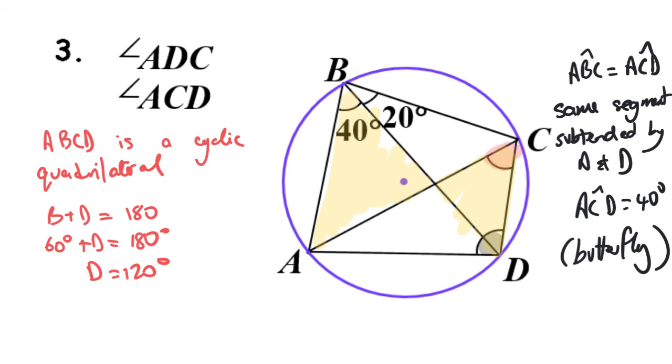And I've just highlighted the butterfly there, the wings of the butterfly, that we can see. So angle at B is the same as the angle at C.